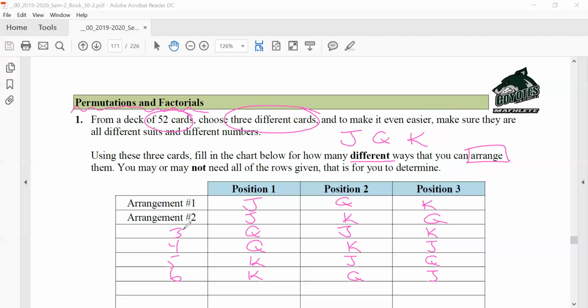Okay. Now that you've got that, hopefully you had that. If you had more than 6, usually what happens is someone writes the same thing twice and doesn't realize it. Okay, your job now is again to hit pause on the video, and you should be able to answer all of the questions on the rest of the page. Hit pause. See you in a couple minutes.